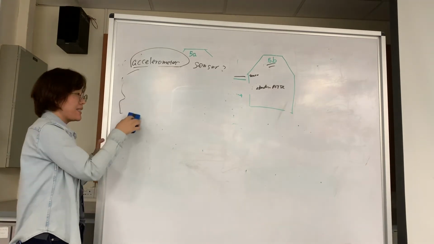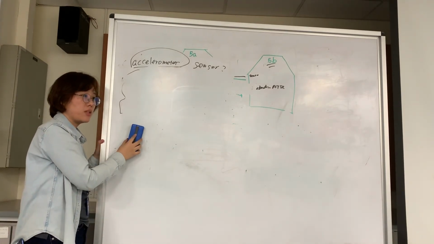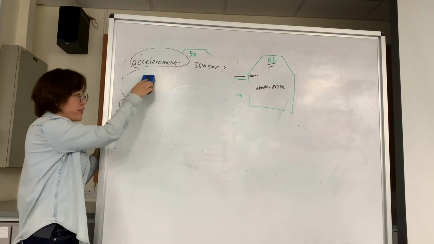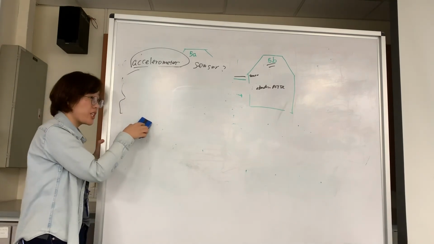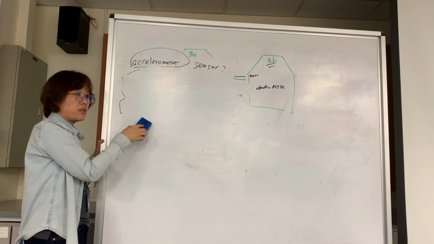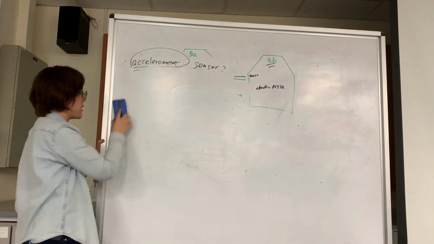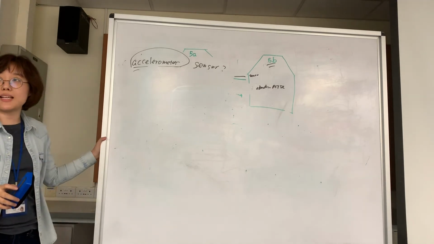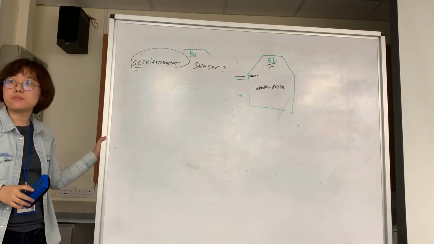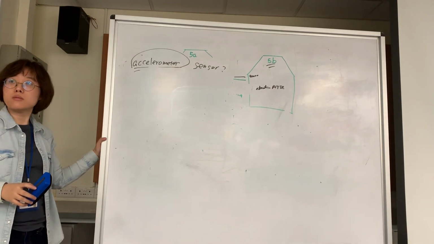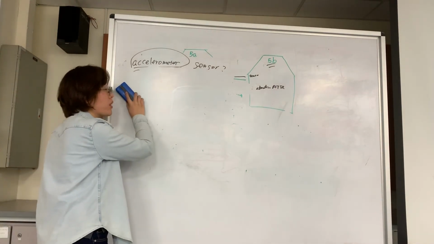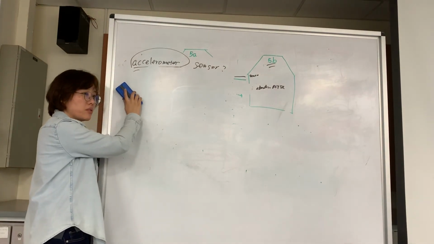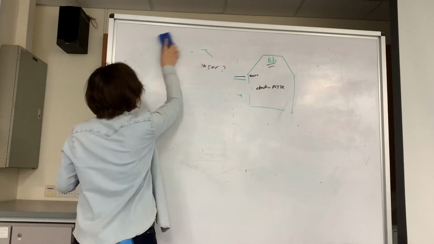What's the maximum value of x, y, z, and how are the numbers related to your g? Those are the things you need to figure out by reading the accelerometer's data sheet. That's all I want to add for assignment 2. Okay?